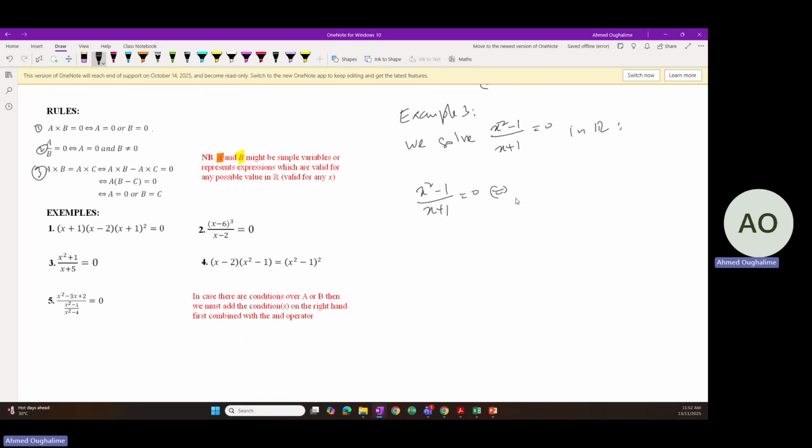This comes to say x squared minus 1 equal to 0 and x plus 1 different from 0. If I factorize, I know a squared minus b squared is (a minus b) times (a plus b). So this is (x minus 1) times (x plus 1) equals 0 and x different from negative 1.